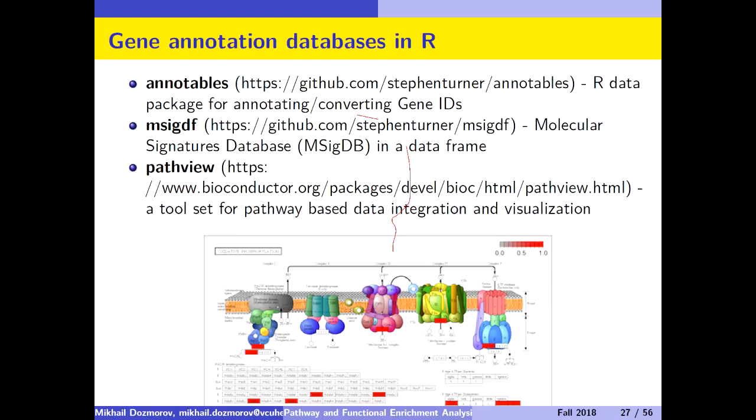And this is how visualization looks like. So you can get, this is a KEGG pathway, and you can see which genes are differentially expressed and how they are overlaid on this pathway. And you can see those genes are differentially expressed. So nearly every channel has genes that are differentially expressed.